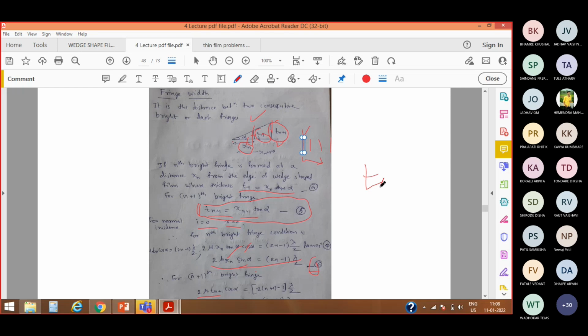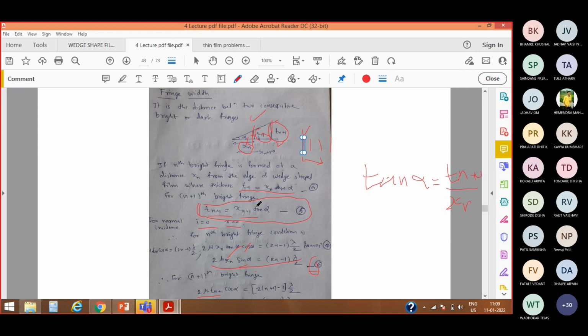Tan alpha means opposite upon adjacent. So it is T of n plus 1 upon x of n plus 1, or Tn divided by xn.